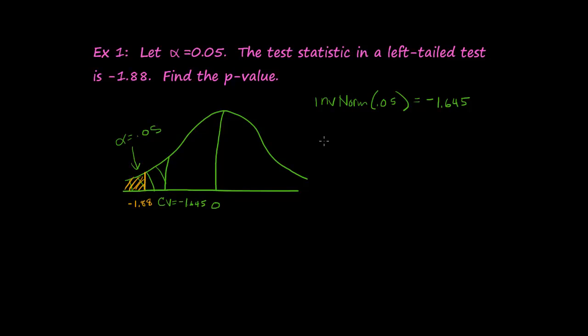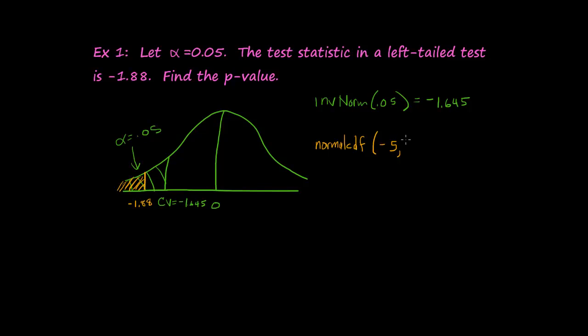We use the normal CDF function, and we put in our minimum value, or where the shading begins on the left. This goes on and on to negative infinity, and we said for negative infinity we will use negative 5. Of course you can use negative 999, negative 7, lots of other values will work as long as you're only rounding to 4 decimal places.